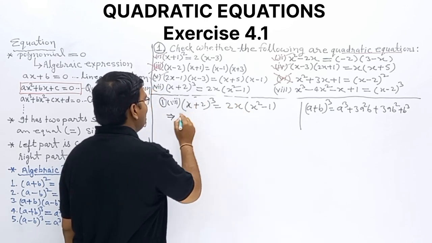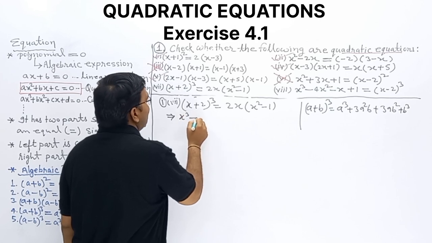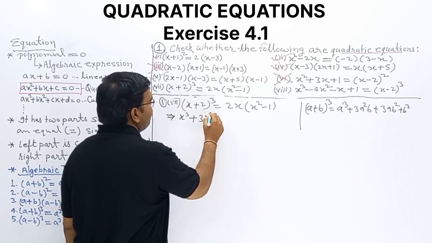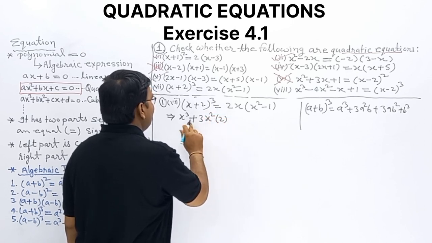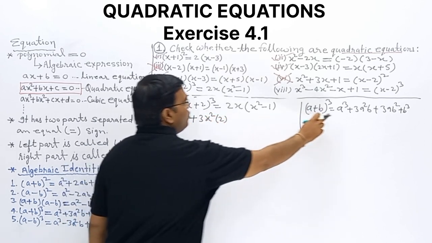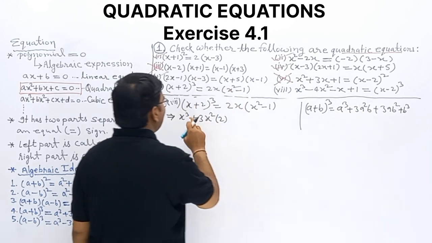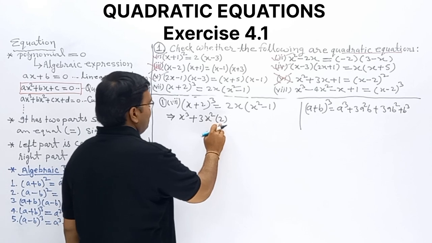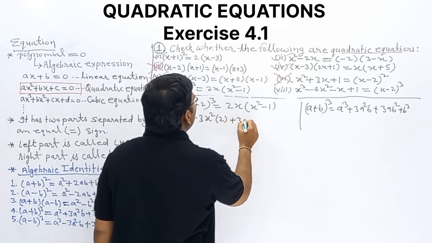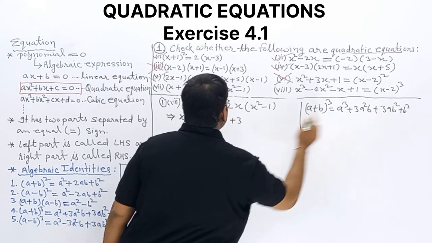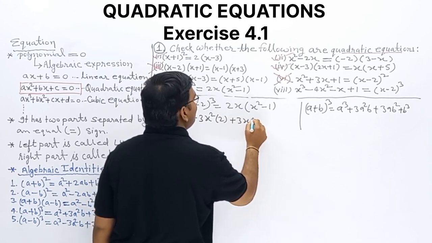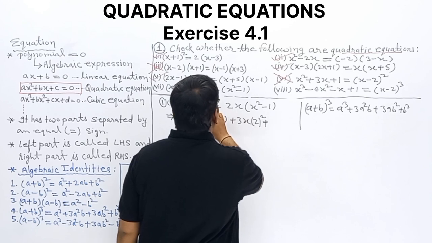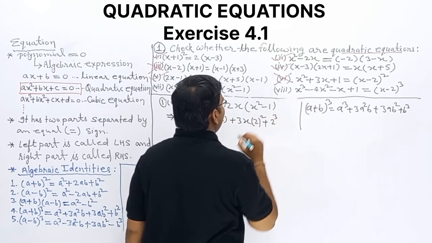Apply this one: x cube. First term will be x cube plus 3 times a square b, where a is x, so x square into b. A cube plus 3 times a square b plus 3 times ab square, a is x, b square is 2 square, plus b cube, 2 cube.